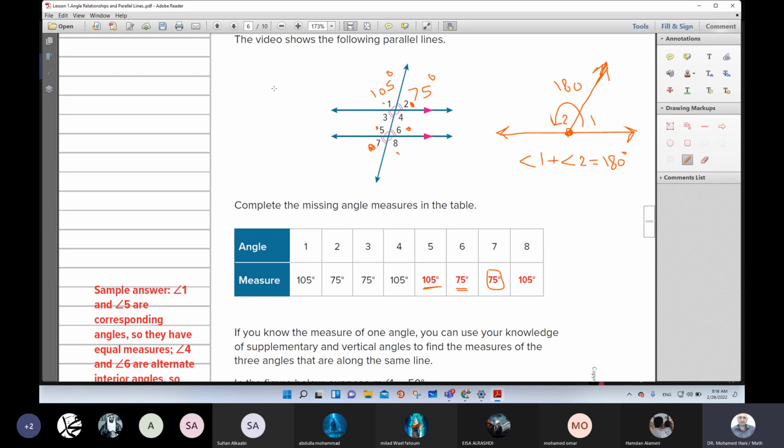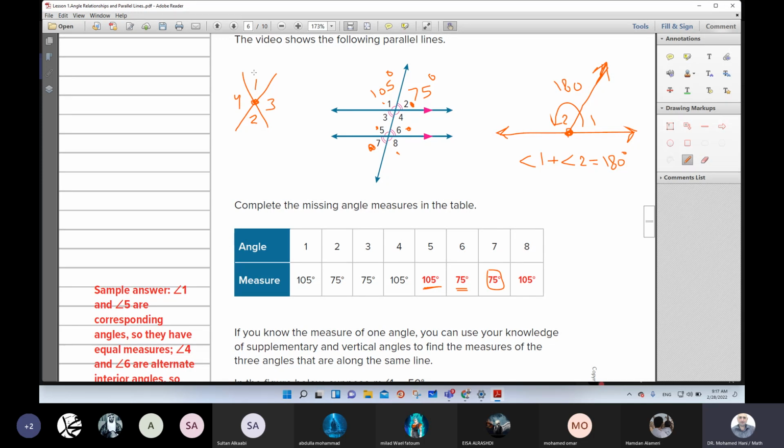But the vertical angles, as you remember, like 1 and 2, are vertical angles, and like 3 and 4, also vertical angles.